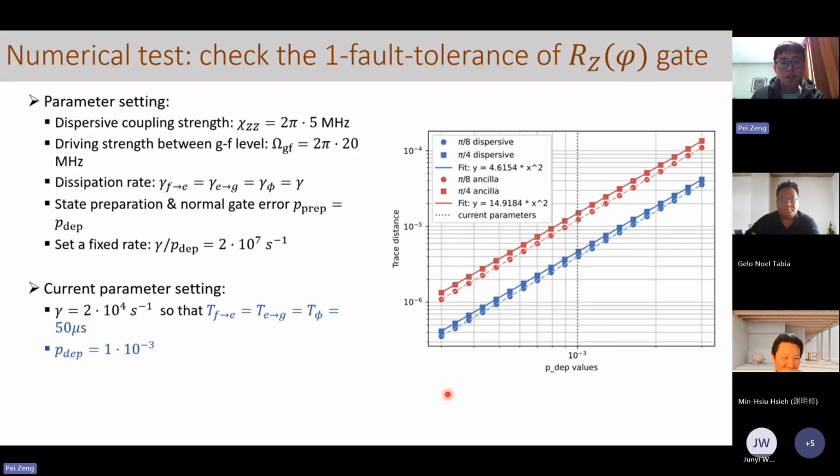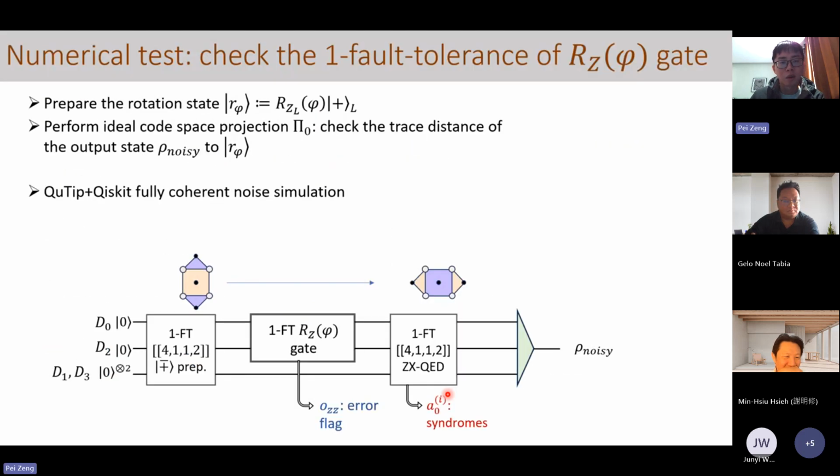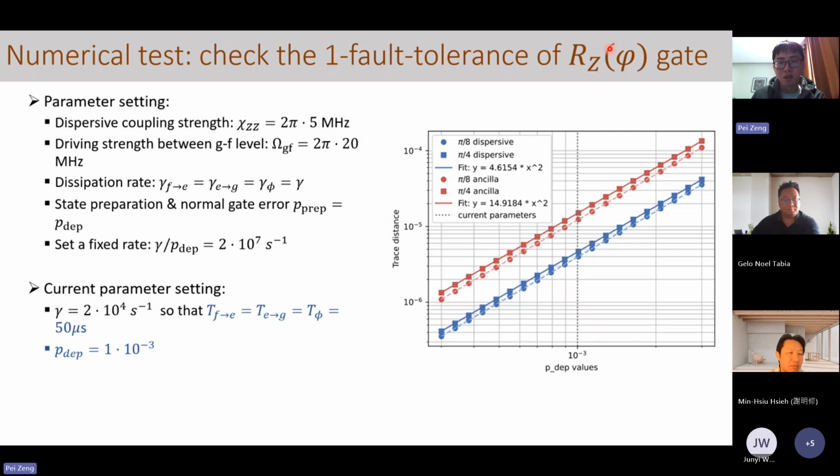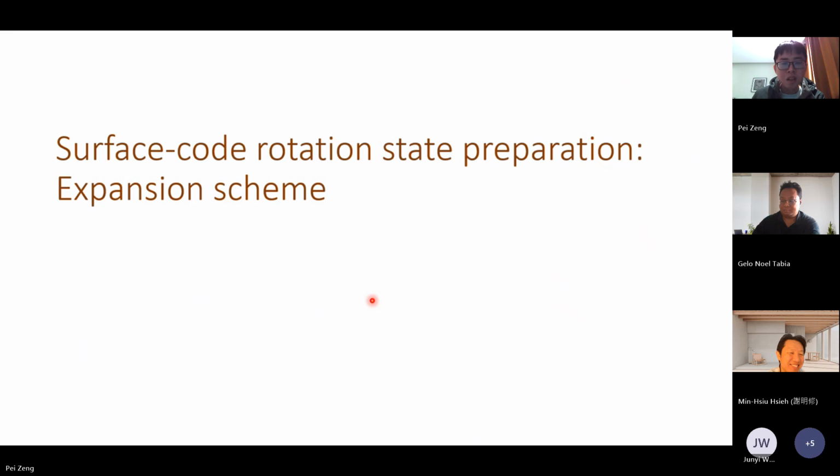Now I want to show how you can use this one fault-tolerant rotation design on the surface code. The surface code is basically the major code we are interested in for near-term error correction applications, so we want to implement a logical rotation gate on the surface code.